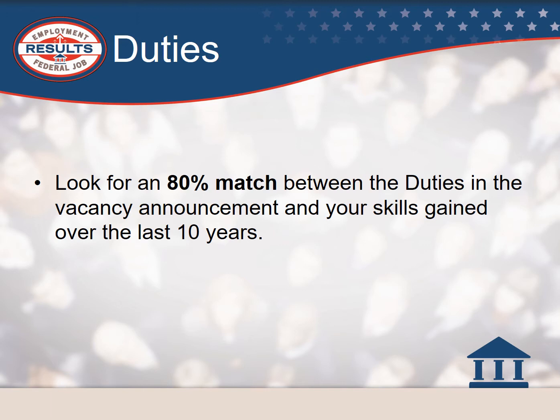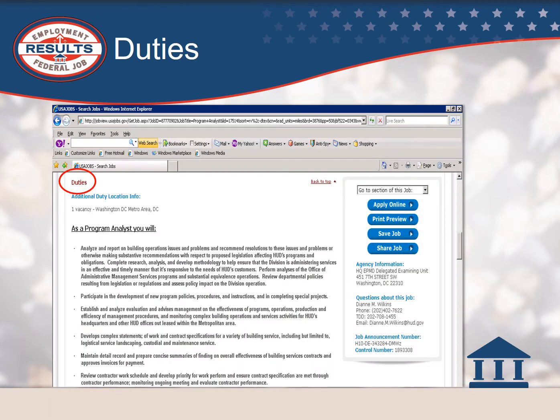Now, as you get to the duties section and you determine that this might be a good fit for you, here's how you are going to tailor your resume for this particular vacancy announcement. In the duty section, you will see some bulleted phrases.